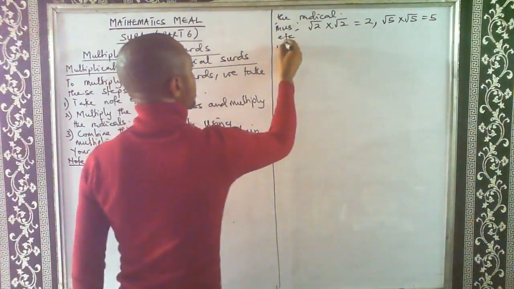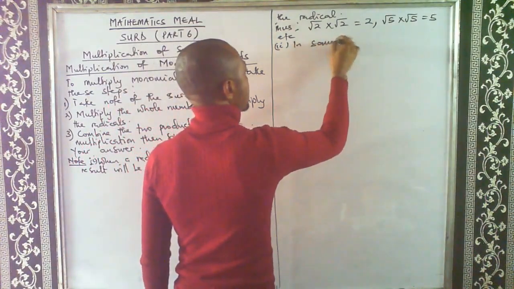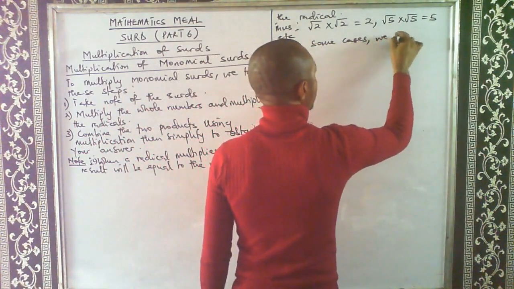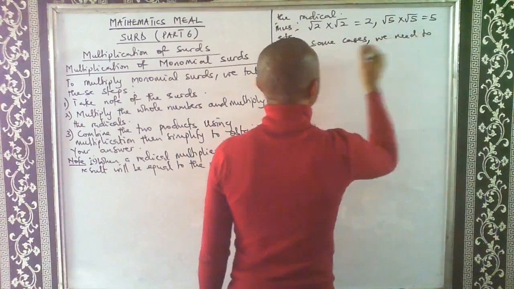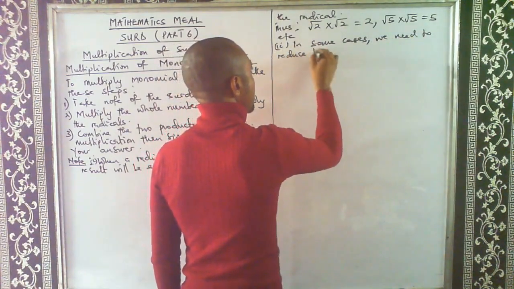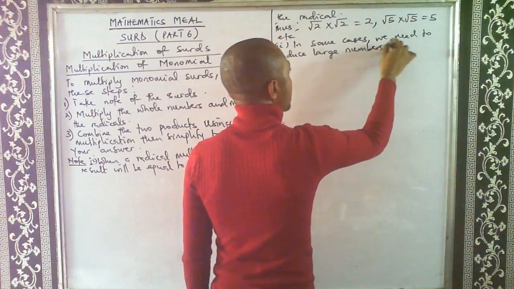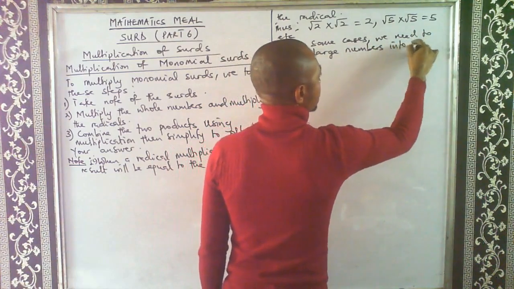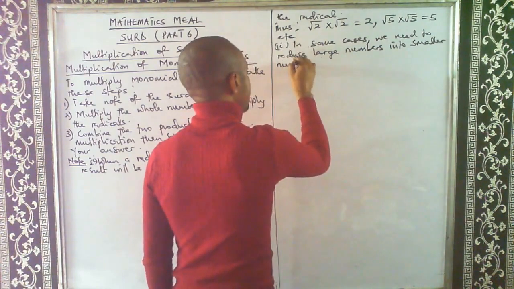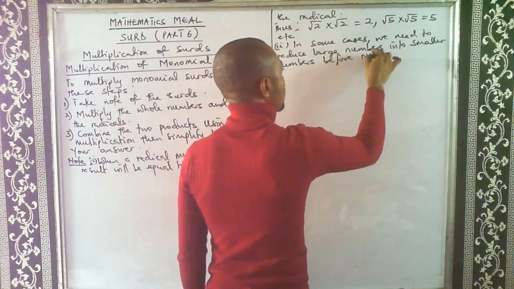And the second thing we need to note is that in some cases, we need to reduce large numbers into smaller numbers before multiplication.